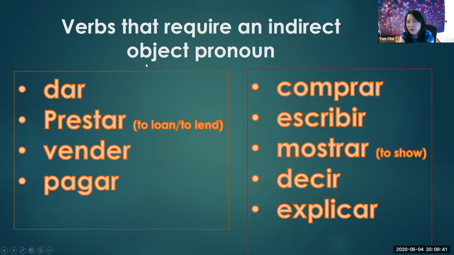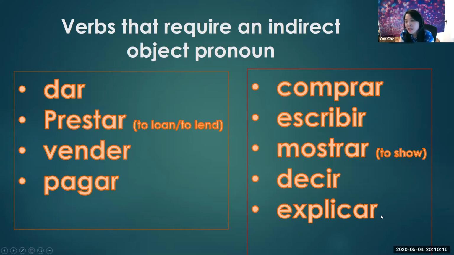It's not just enough to mention the who and the what of the sentence. In order to make the idea complete, you gotta include this additional information, to whom or for whom. And these are just some of many examples. These are the verbs that are commonly used with the indirect object pronouns: to give, to loan, or to lend; vender, to sell; to pay, to buy; to write; to show; to say; and to explain.